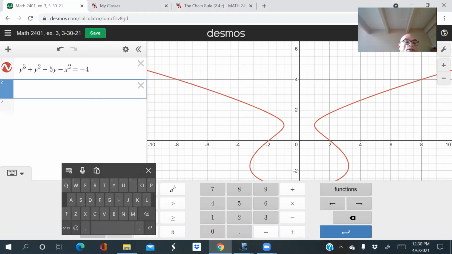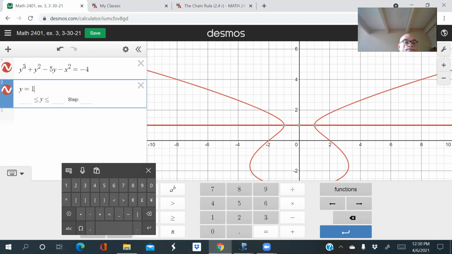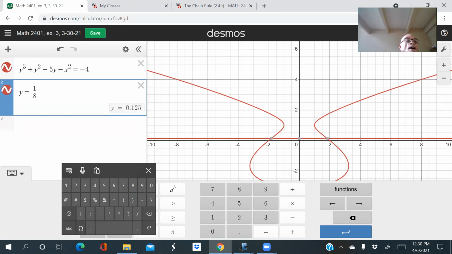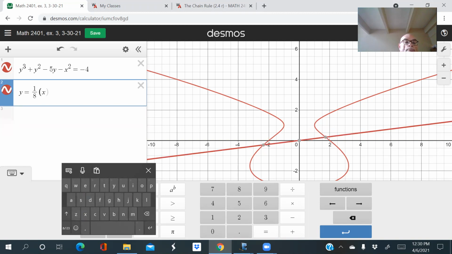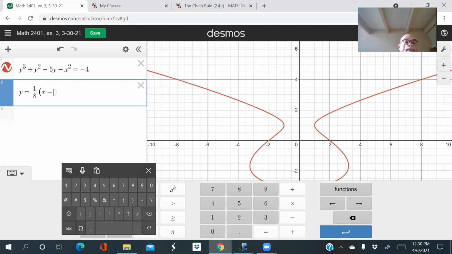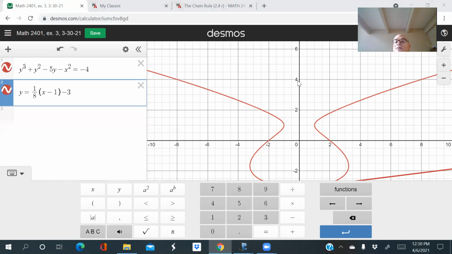Y equals 1/8, what was that? X minus 1, and then what? Minus 3? Yeah, minus 3.